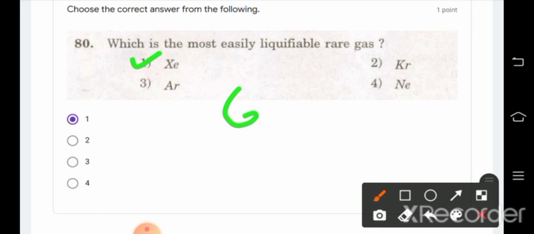There are six gases here: helium, neon, argon, krypton, xenon and radon. Xenon is the most easily liquefiable rare gas because the interatomic interactions increase with increasing atomic number. You will also get questions on these rare gases because they are very important.